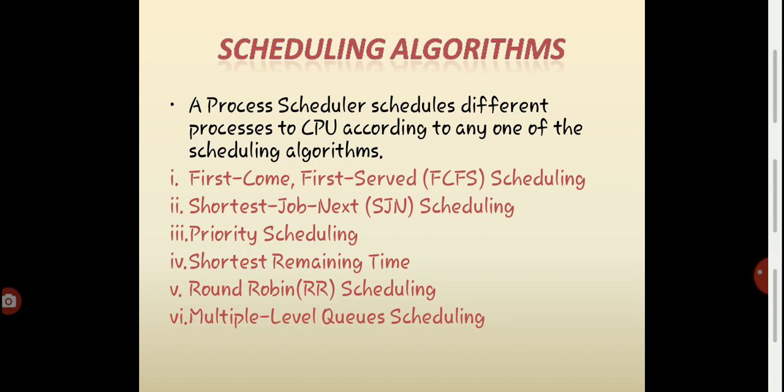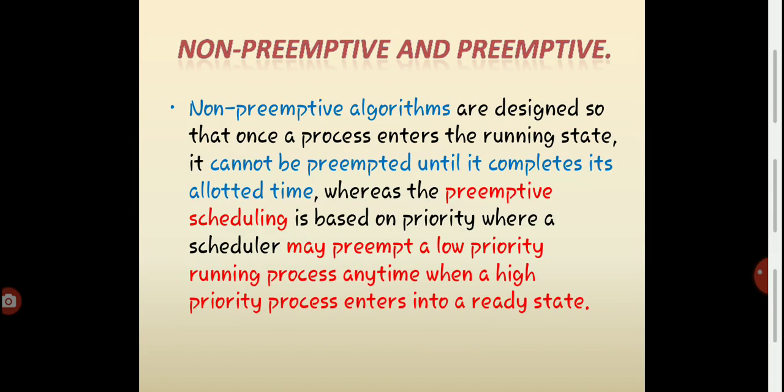All these scheduling concepts are known as process scheduling, which is done by the operating system. For doing process scheduling, the operating system follows different strategies. We can call them algorithms. These are the different scheduling algorithms: FCFS, first come first serve, then shortest job first or shortest job next, priority scheduling, shortest remaining time, round robin, multi-level queue scheduling, and so on.